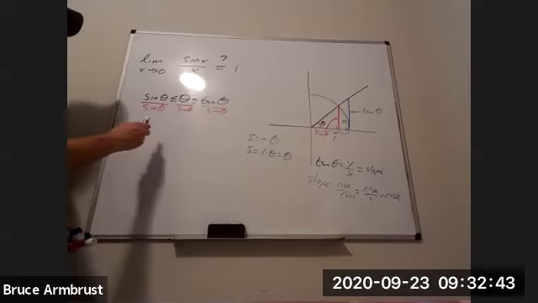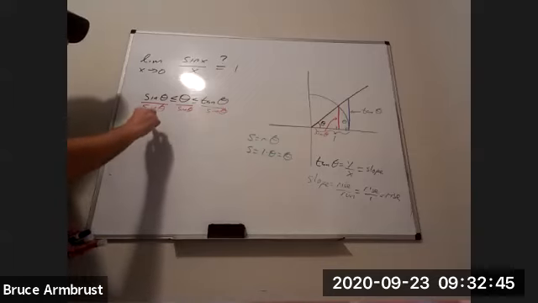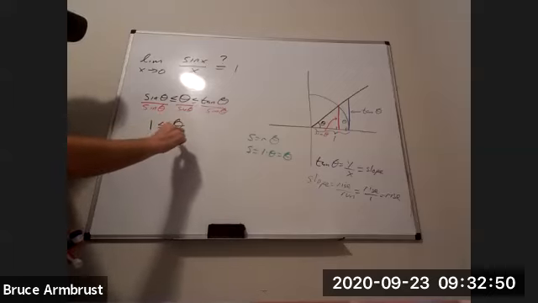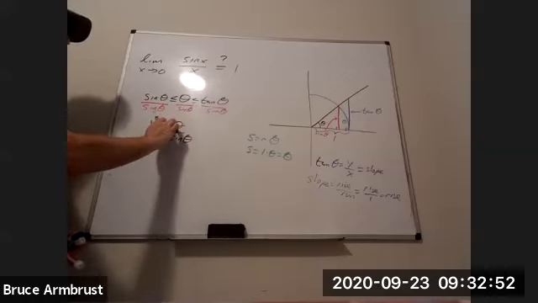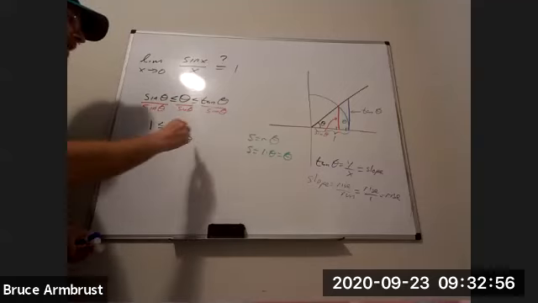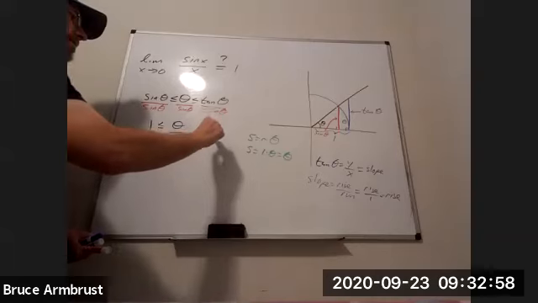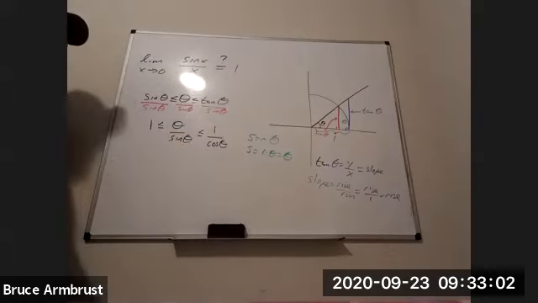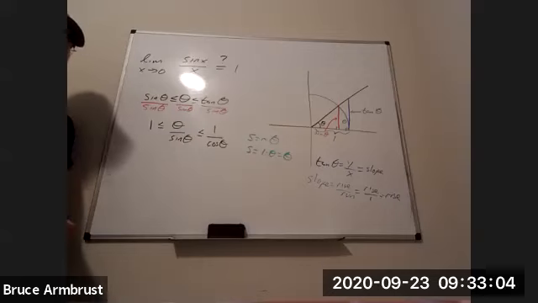All right, so this becomes 1 is less than or equal to theta over sine theta. Can't really simplify that at all. But the tangent over sine, I can simplify. And that becomes 1 over cosine, because tangent is sine over cosine.